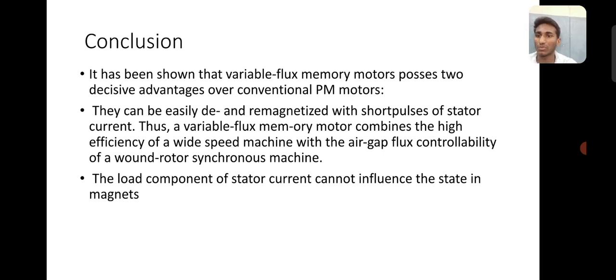Here the variable flux memory motor can be magnetized and demagnetized with a small change in short pulse current, and the load component of the stator current cannot influence the state in the magnets.